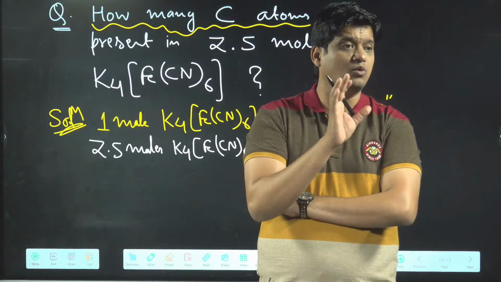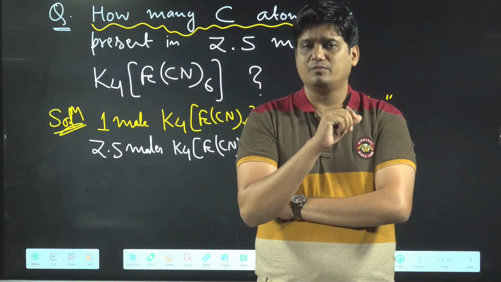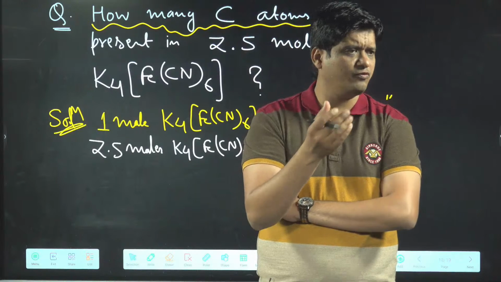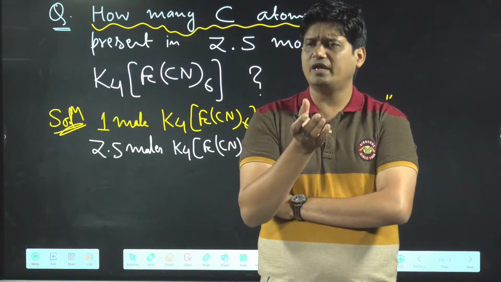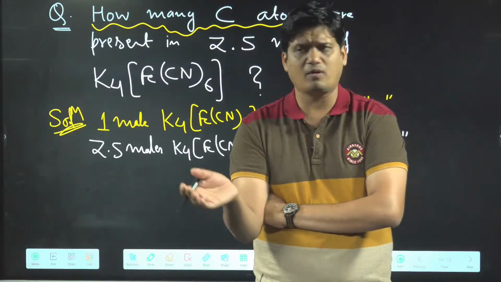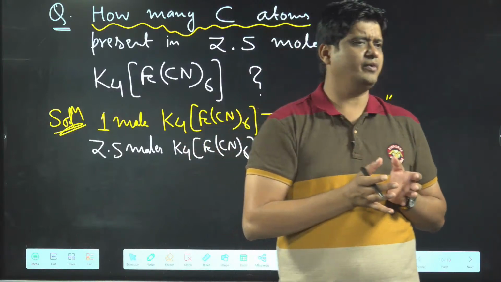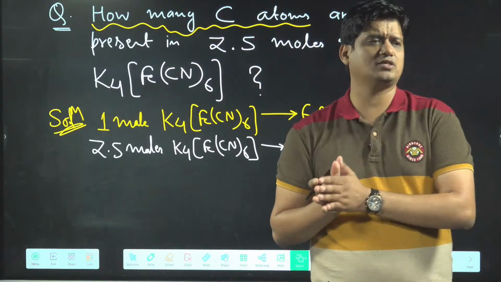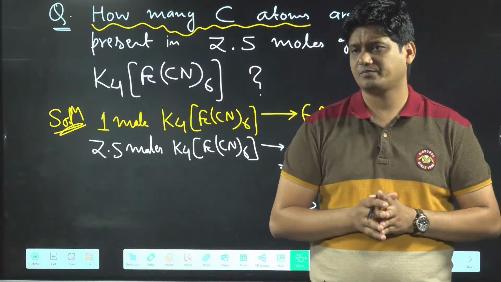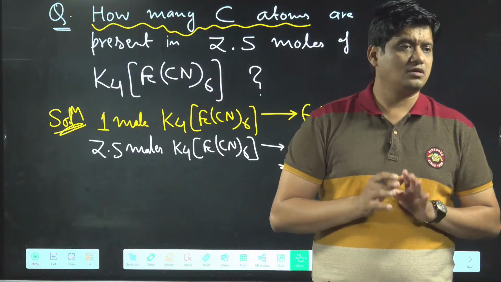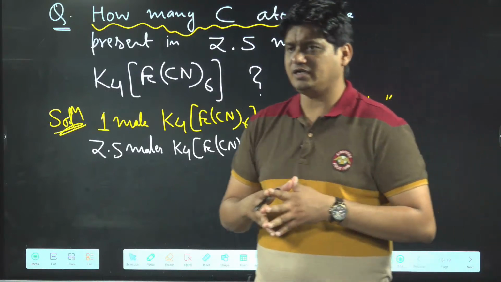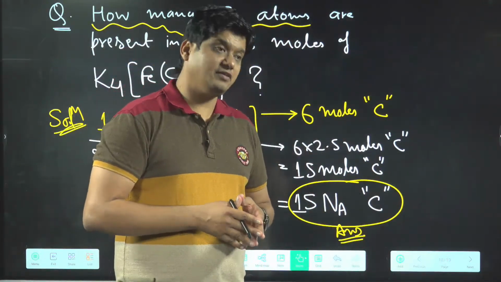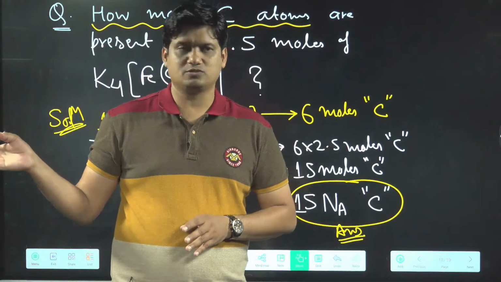This chapter, mole concept, is very important, because in physical chemistry you cannot solve problems, you cannot move forward, if you don't know the mole and related terms and related problems. This is a basic fundamental topic which is required in all the chapters of physical chemistry. So try to revise each and every point, and revise other subjects also, okay?